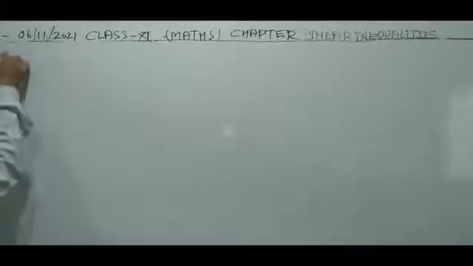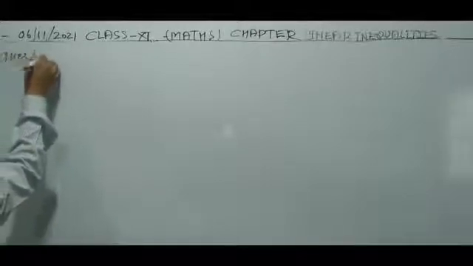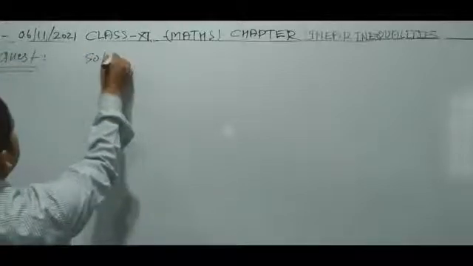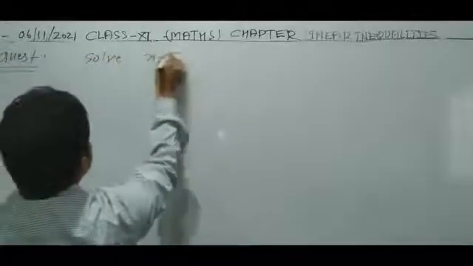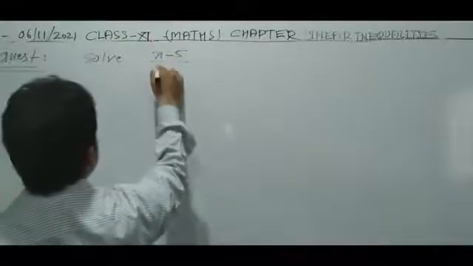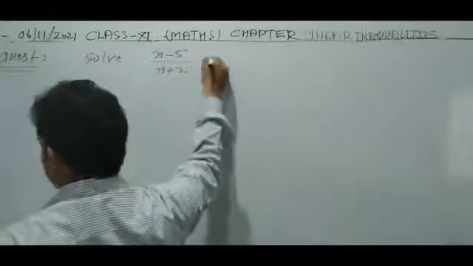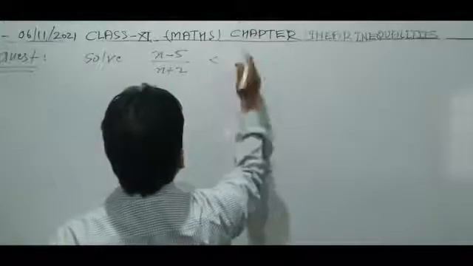Solve: x minus 5 upon x plus 2 is less than 0.